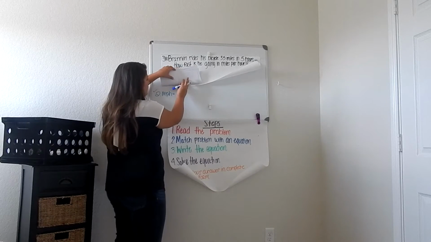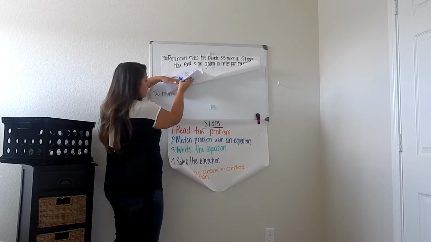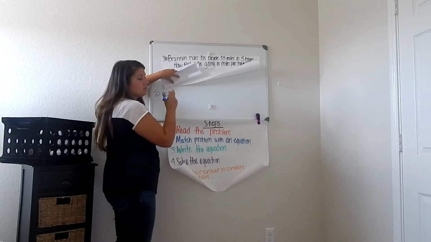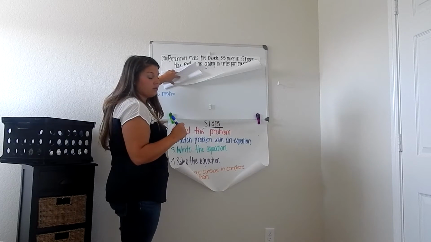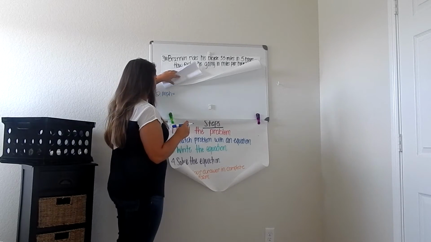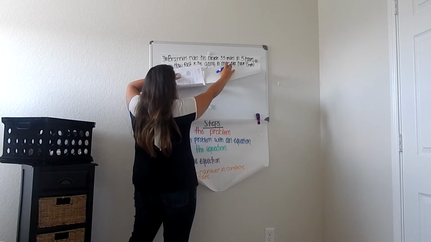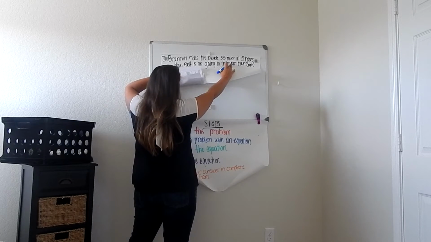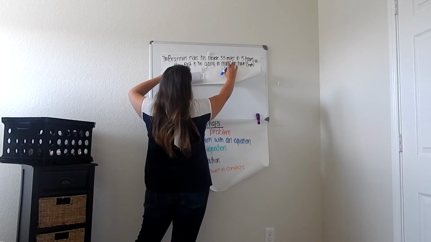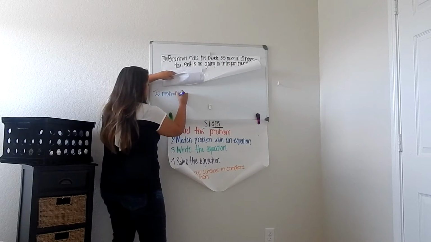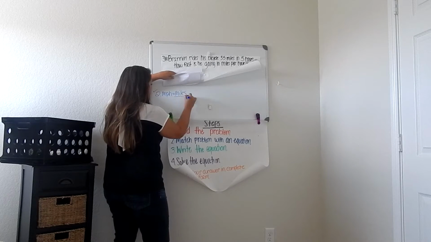Can somebody tell me what operation we're going to be using? Are we going to be using multiplication, division, adding, subtraction? Okay, good. Dividing. What do you think we're going to divide here? Are we going to divide miles by hours or hours by miles? Right. Miles divided by hours.